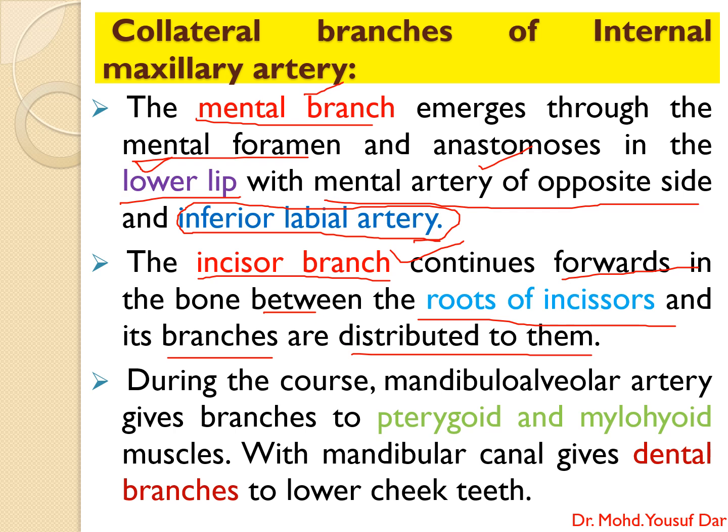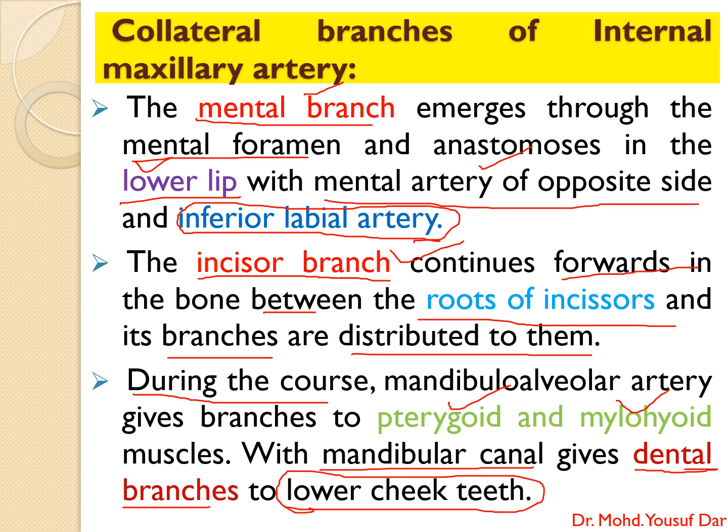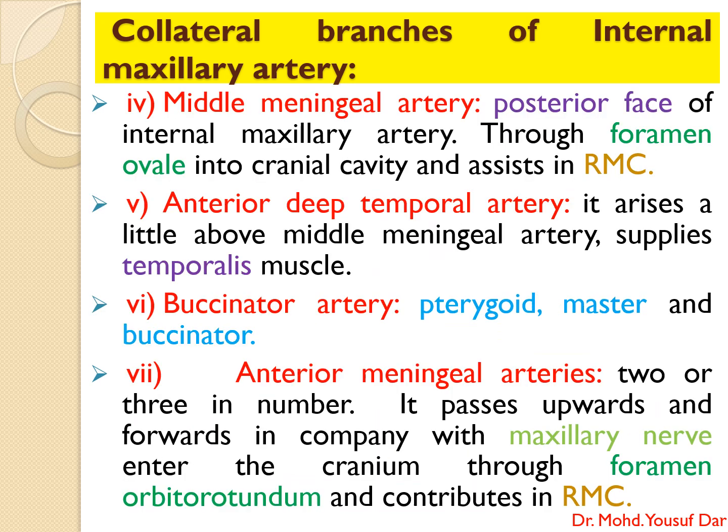Now, during its course, the mandibular alveolar artery gives branches to the pterygoid muscle and mylohyoid muscle, and within the mandibular canal, where it passes along with the mandibular nerve and vein, it gives dental branches. The dental branches supply the lower cheek teeth.